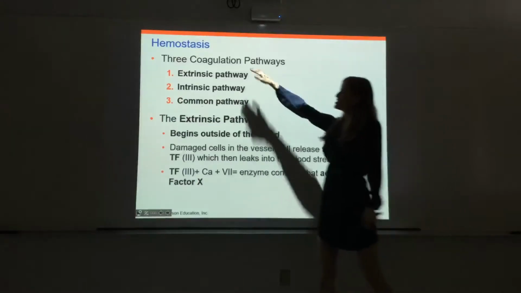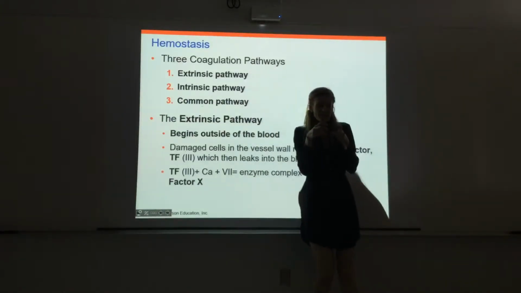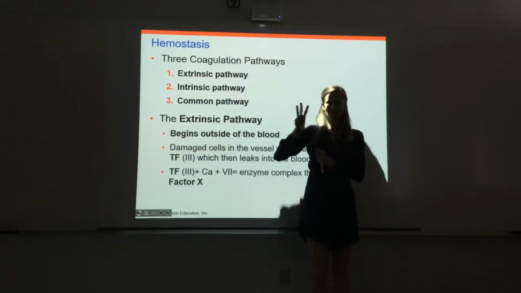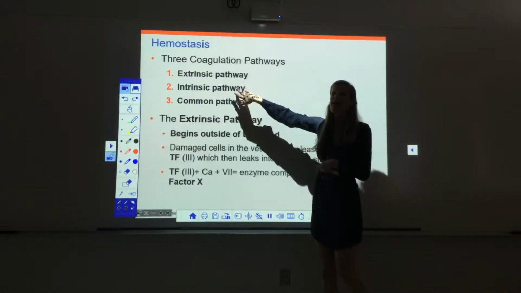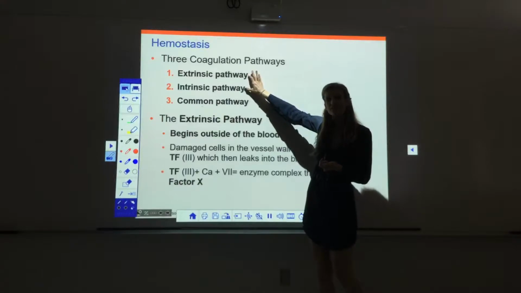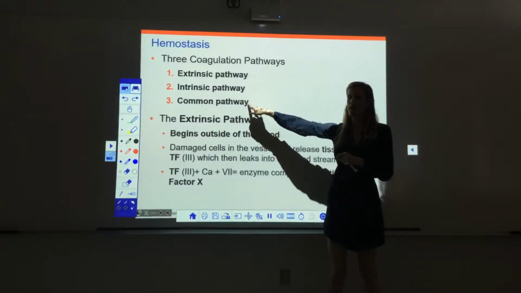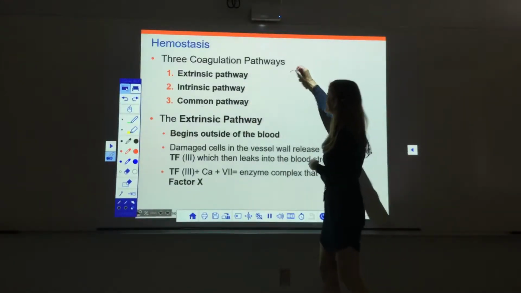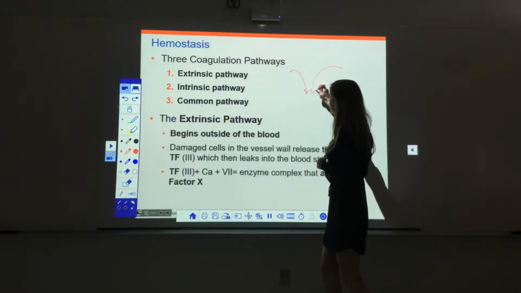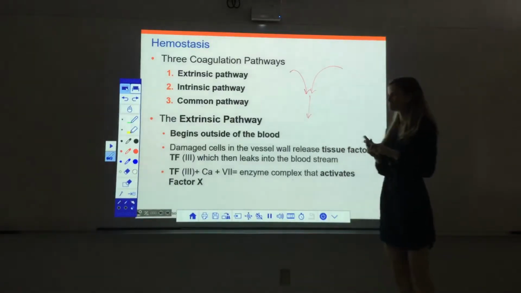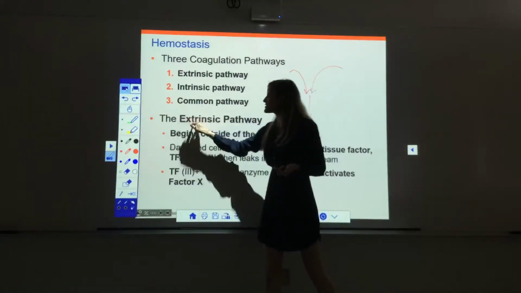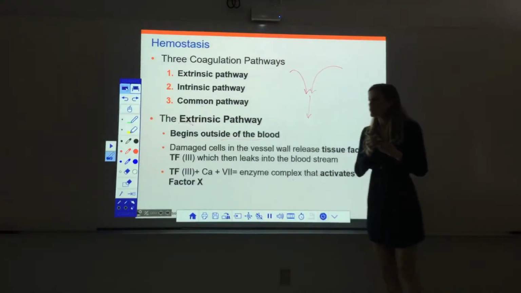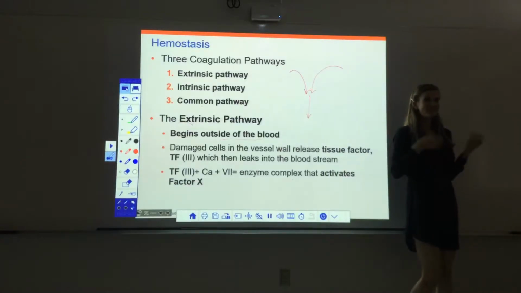Coagulation itself has three pathways: the extrinsic pathway, the intrinsic pathway, and then we'll see that both of these lead us to the common pathway. So we'll have extrinsic, intrinsic, common. The extrinsic pathway is called extrinsic because it begins outside of the blood. The vascular phase was happening in the actual vessel.